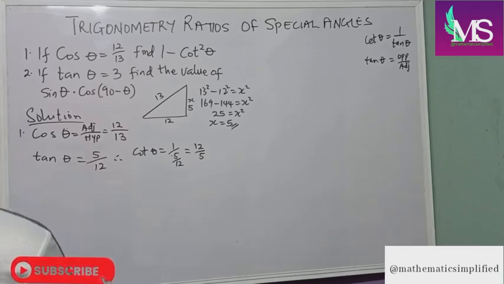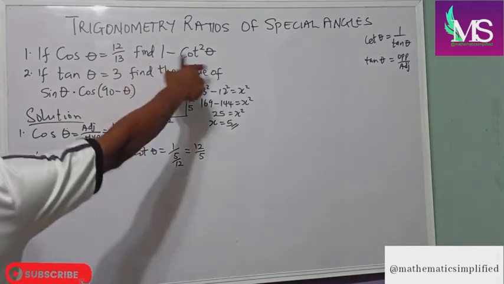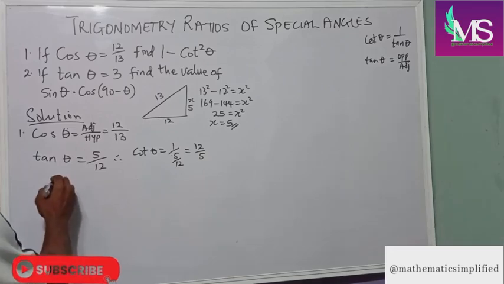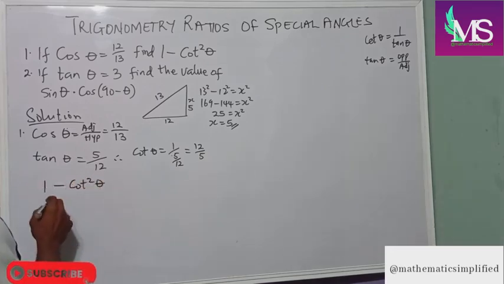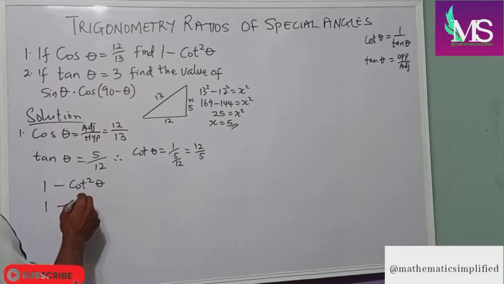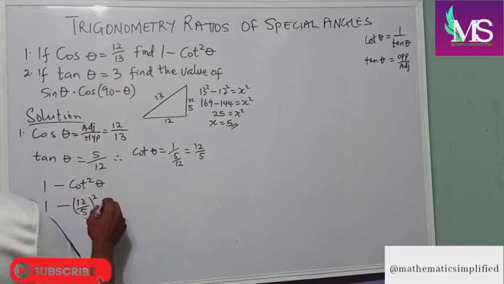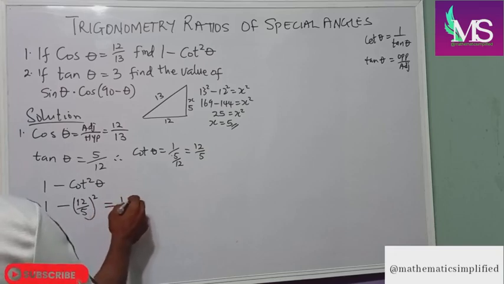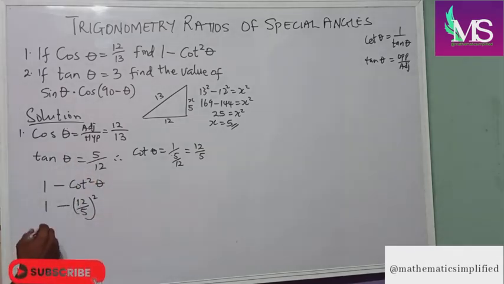Now, since they say we should find 1 minus cot squared theta, this will become 1 minus 12 over 5 squared.